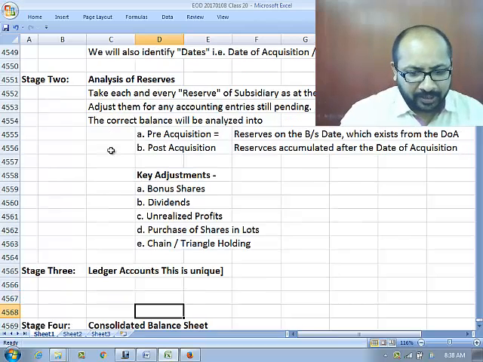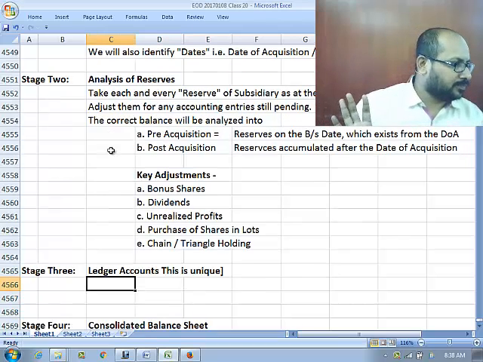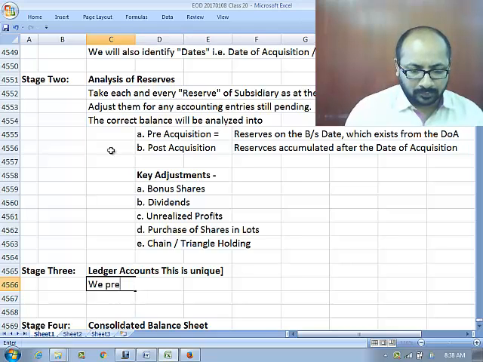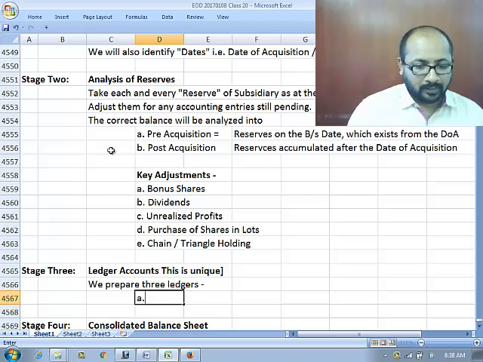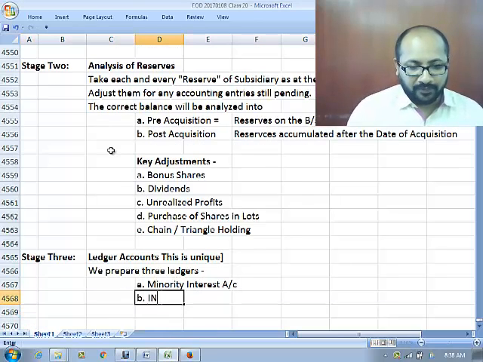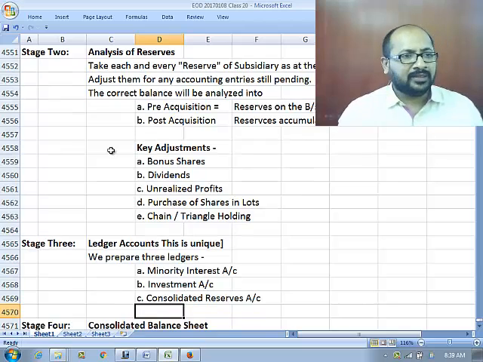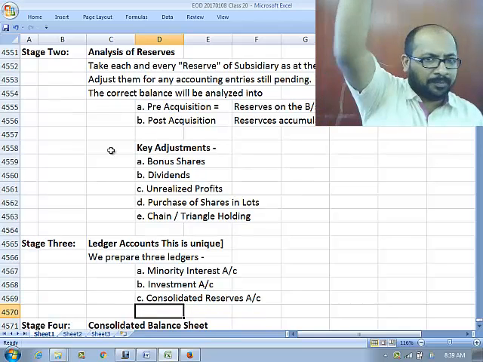Once we finish that, we'll move on to ledger accounts. Ledger accounts we break into 3 ledgers. What are they? Minority interest account, investment account, and consolidated reserves. Here also adjustments will come. These adjustments are essentially a reflection of the previous bunch of ideas.